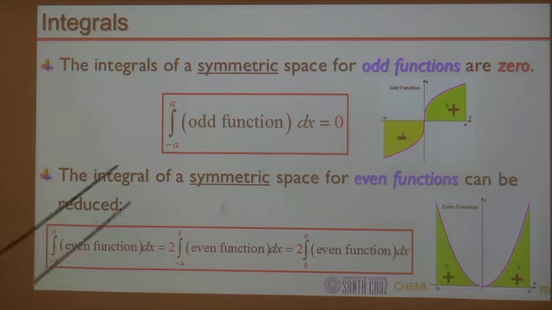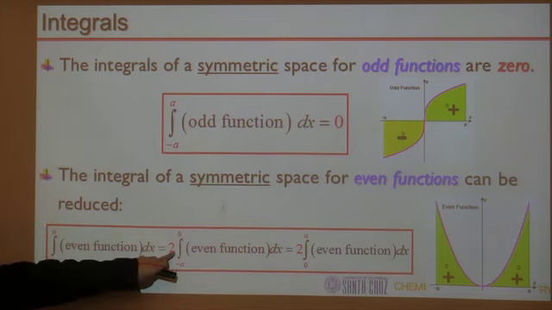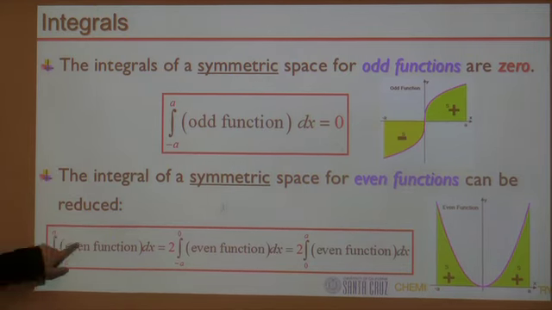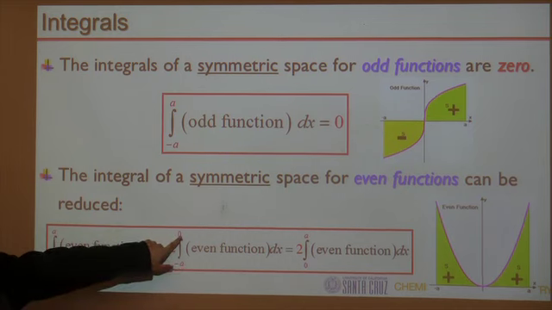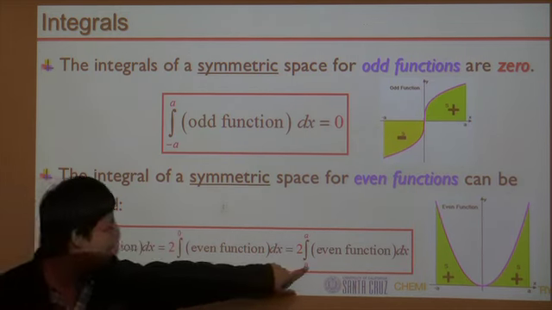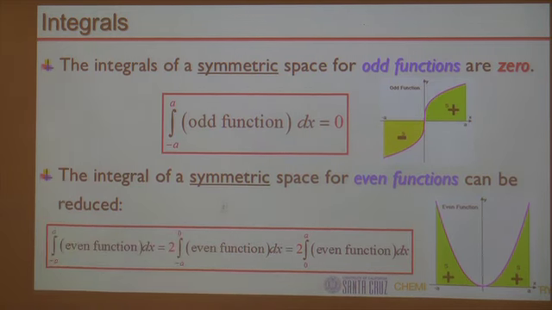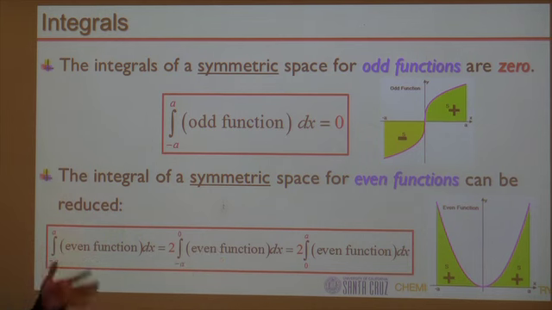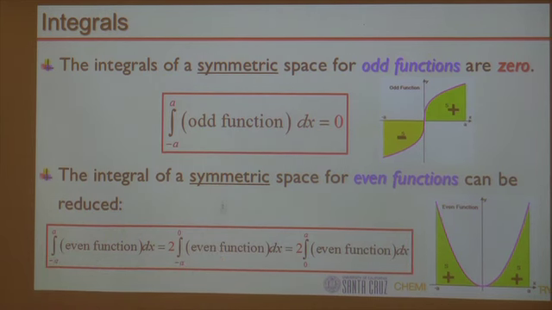So when you integrate within a symmetric space, you can reduce to half of the space and put the 2 in front of the integral. Here you're going from negative a to a. Now you can reduce to either negative a to 0 or 0 to a. You just find the middle line, cut it, and put 2 in front of the half integral. And that's it.